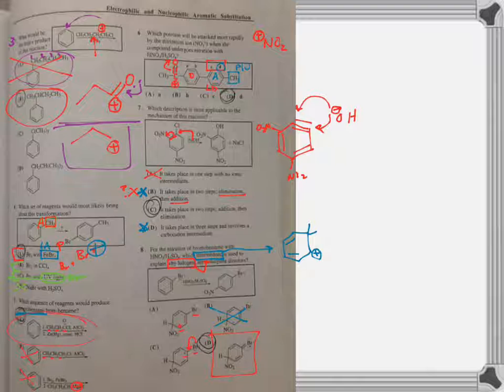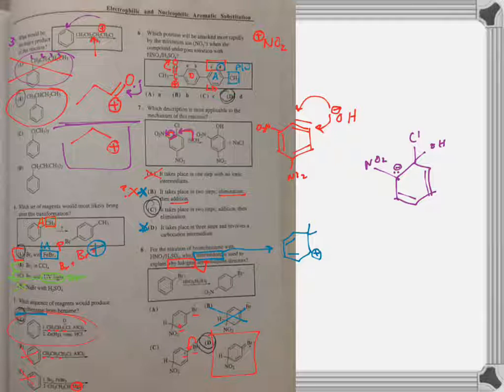I should have gone directly to forming a pi bond, but we could just put it as a negative charge. Either's perfectly valid.